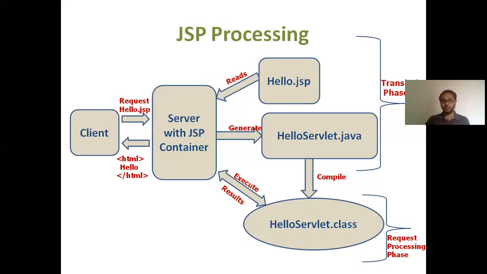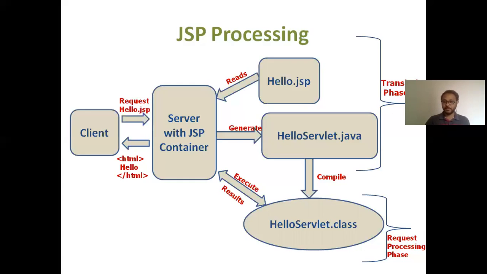So in JSP processing, we are going to have the translation phase and the processing phase. In the translation phase, the JSP container will read the requested .jsp file, and then it generates the servlet file. Once we generate this servlet file, then it compiles to get a .class file.